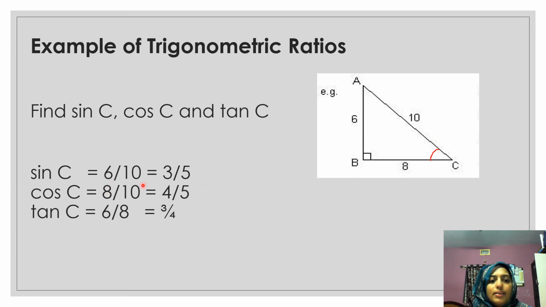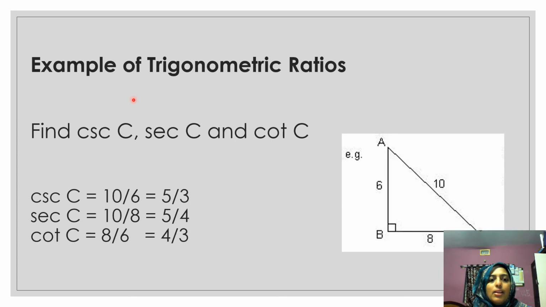So it is 6 by 10, which in simplified form is 3 by 5, since 6 and 10 both are divisible by 2. Cos c is adjacent by hypotenuse, that is 8 by 10, which is simplified to 4 by 5. And tangent c is opposite side by adjacent side, that is 6 by 8, which is simplified to 3 by 4.